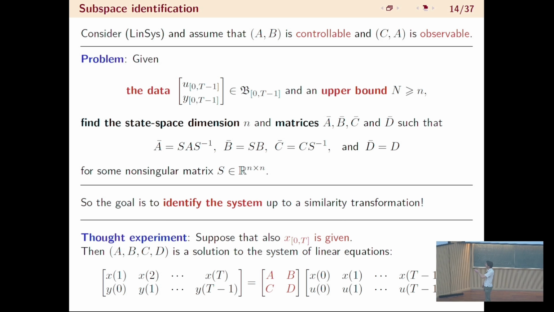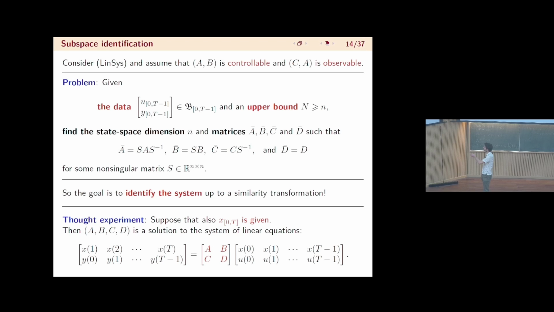What is this? Let's look at x1. x1 is just A times x0 plus B times u0. That's how I get this first line over here. And y0 is C times x0 plus D times u0. That's how I create this second line over here.